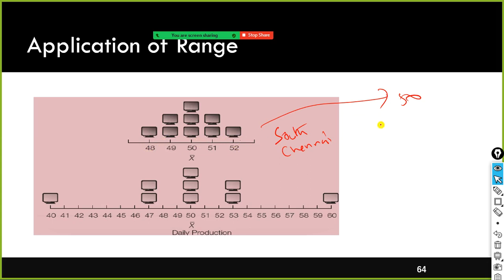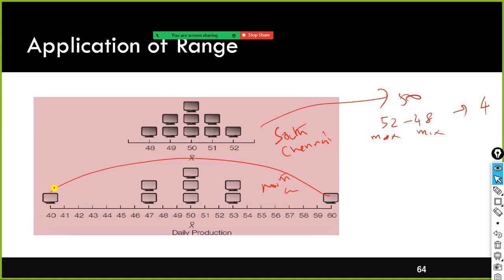What is the range here? 52 minus 48. This is the maximum value, this is the minimum value. The range, the width of the data, is just 4. But if you look at the data set in North Chennai, you could see a lot of inconsistency because the spread is too wide. The range of TVs they manufacture is between 40 to 60.